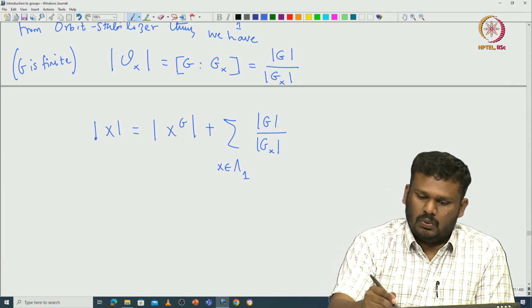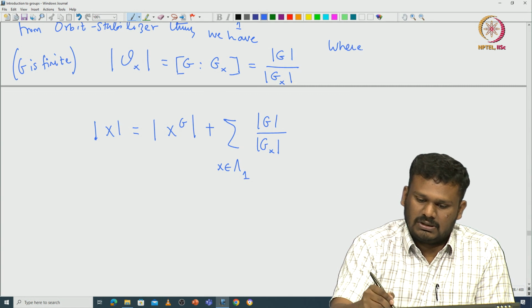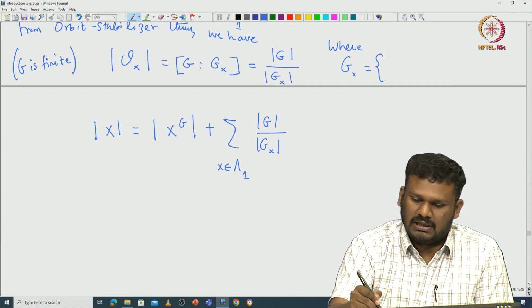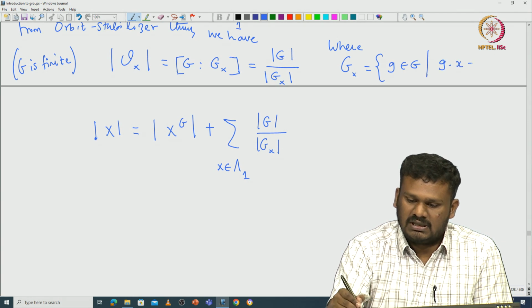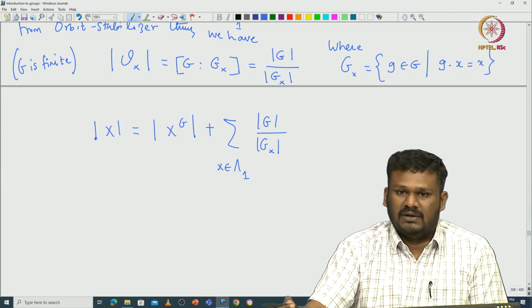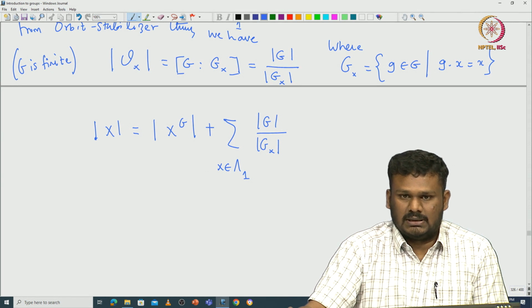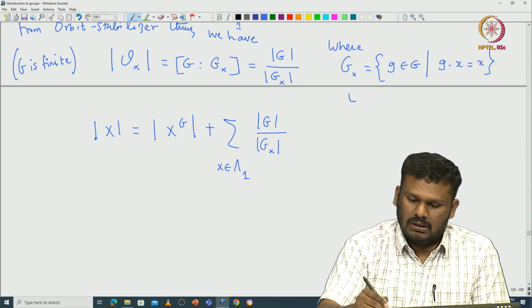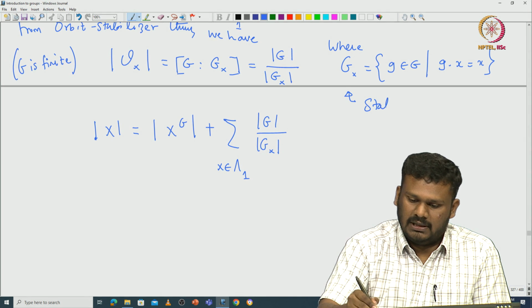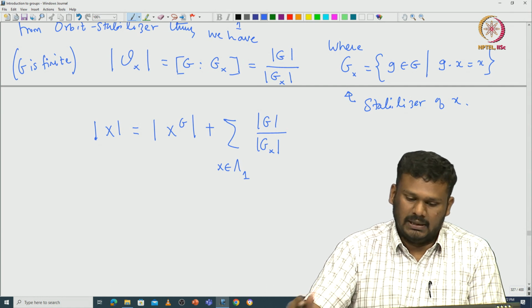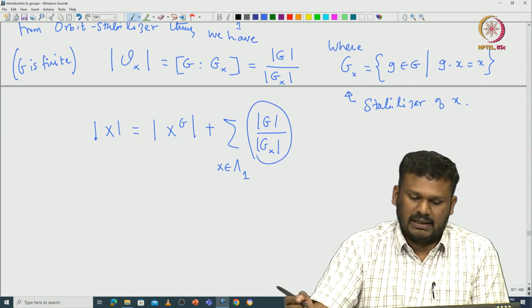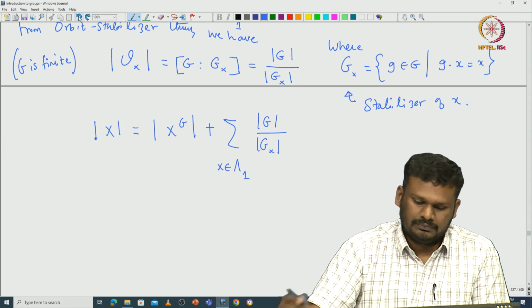So, what is this G_x? G_x is the stabilizer of x, that is those g in G such that g stabilizes x, that means it leaves x invariant: g dot x equals x. This is called the stabilizer of x. Note that it is a subgroup and this is actually the index of that subgroup.